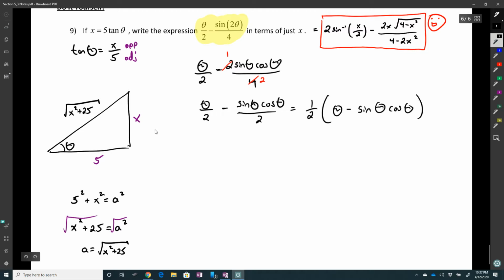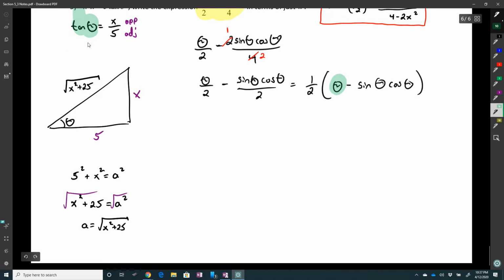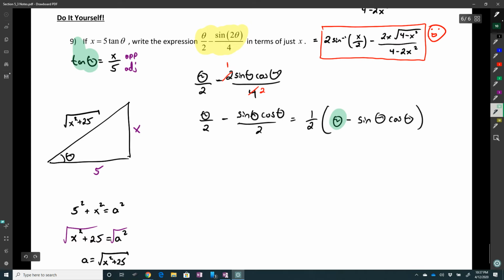So this one's pretty nice. Notice that it just has a theta in it, which I'm going to use the inverse of the term they gave me. So for this theta, I'm going to use the inverse of tangent. Now for the sine and cosine, I'm going to use my triangle. From looking at the triangle, I can see that sine of theta is x over the square root of x squared plus 25.